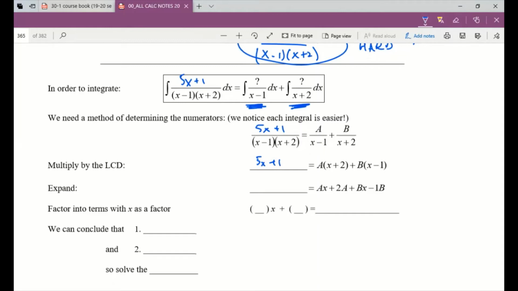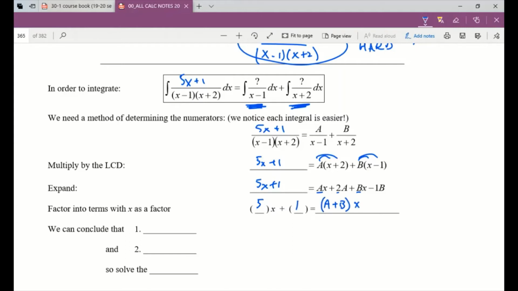And now, if we expand on the right side, we have 5x plus 1 on the left is equal to ax plus 2a, just distributing. And then when we reorder things, on the left side we have 5 x's, and we have a constant of 1. If we collect our x terms, we have a plus b x's.